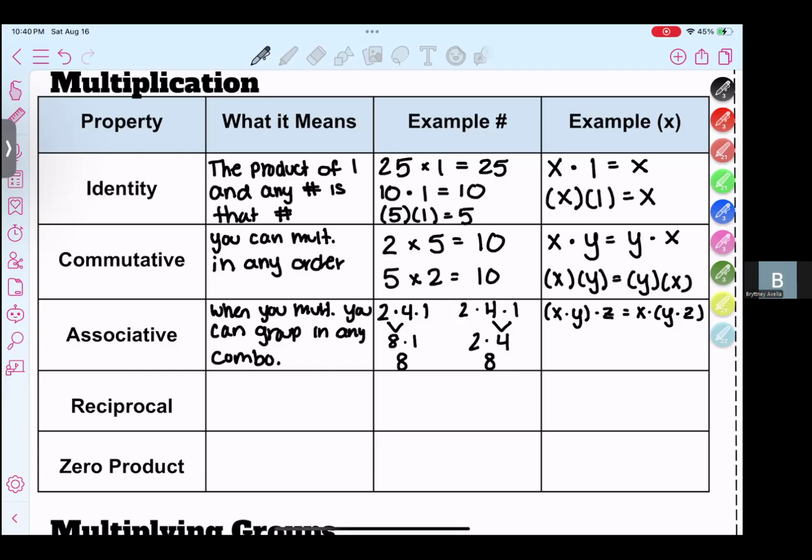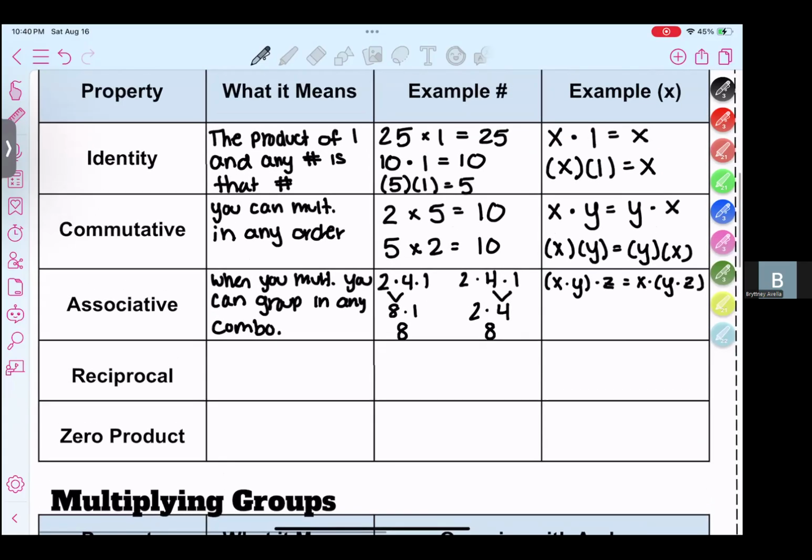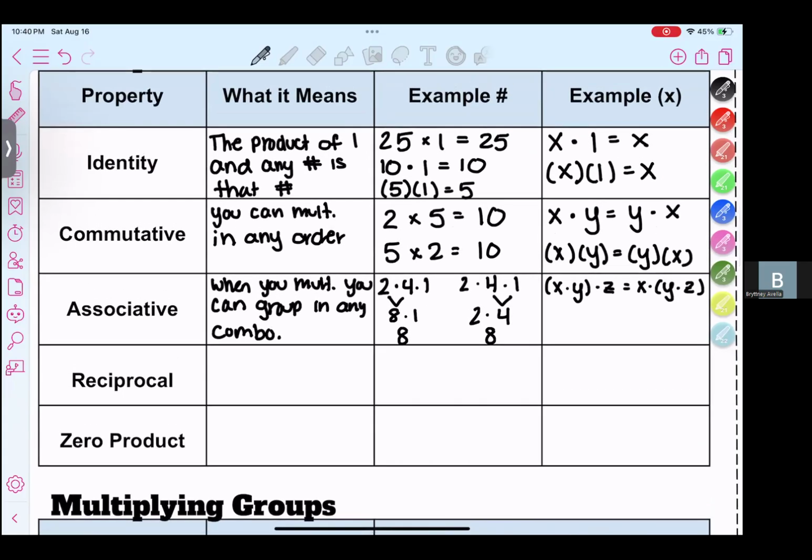Our reciprocal property is saying that if we multiply by a fraction, or if we multiply by 1 over a number, which would be a fraction, right? It's going to be the same as dividing. So multiplying by 1 over a number is the same as dividing by that number.